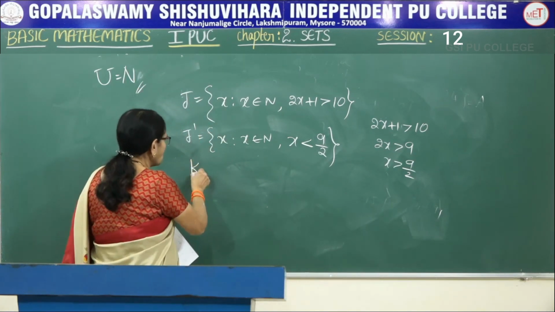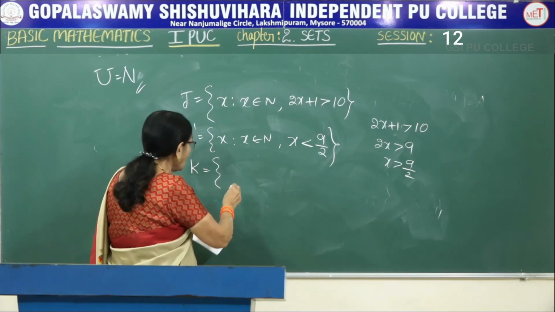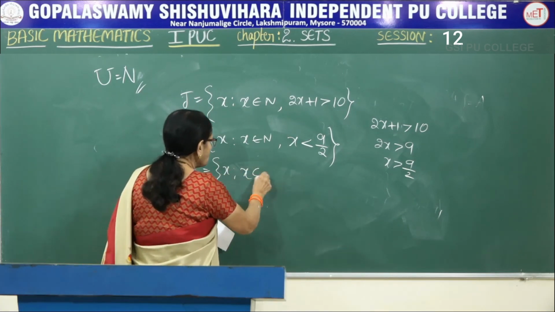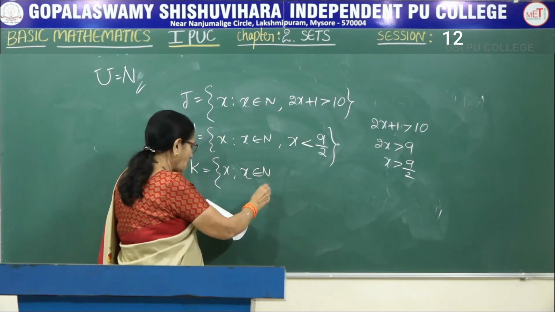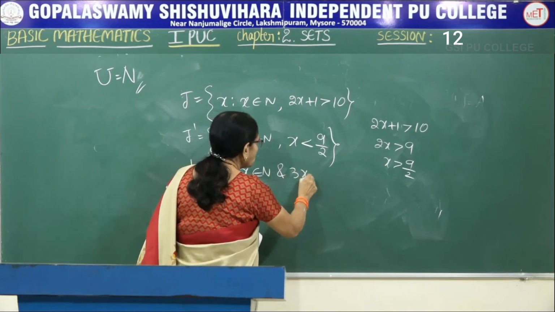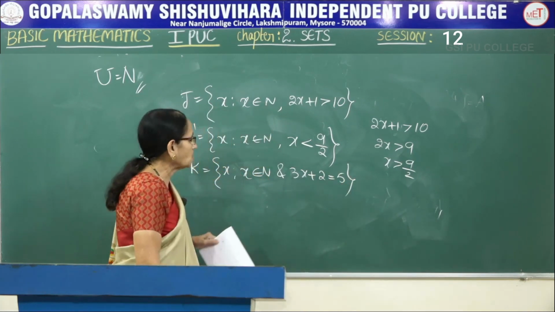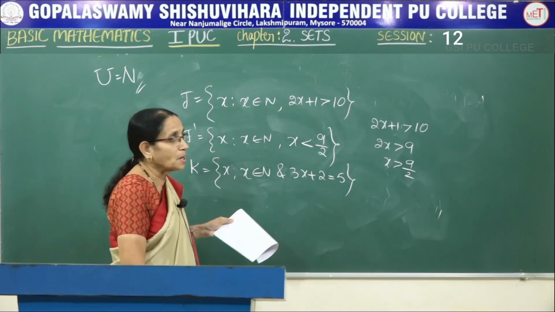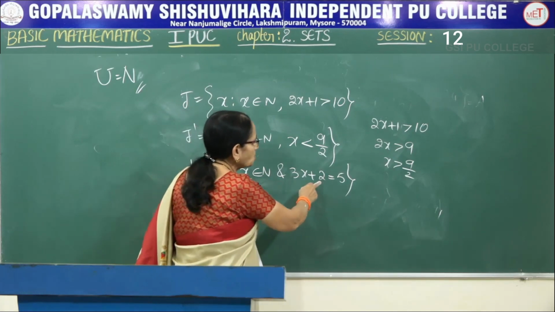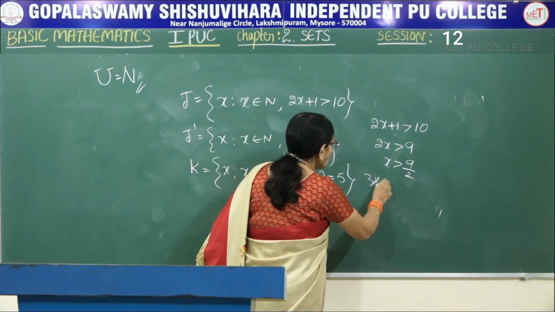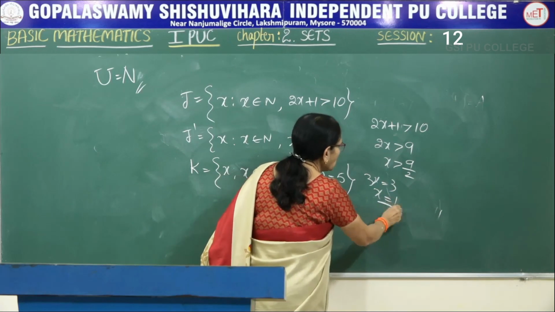Now one more set, say set K containing all x such that x belongs to n and 3x plus 2 is equal to 5. It's a very simple equation I have given. 3x plus 2 equal to 5 means 3x would be equal to 3, x would be equal to 1.